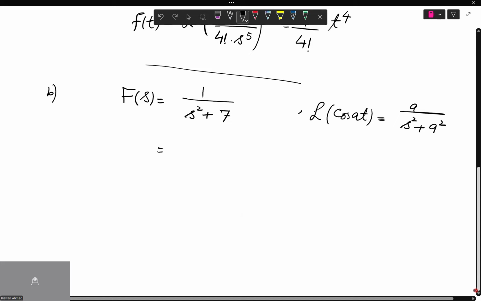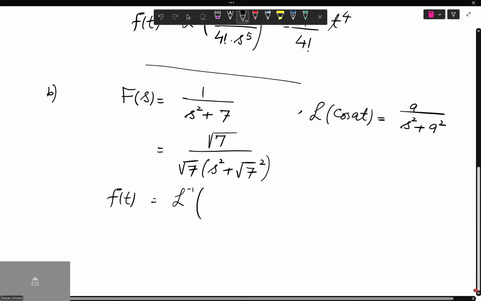So in the structure, I can multiply and divide by the square root of 7, giving square root of 7 over s squared plus 7.